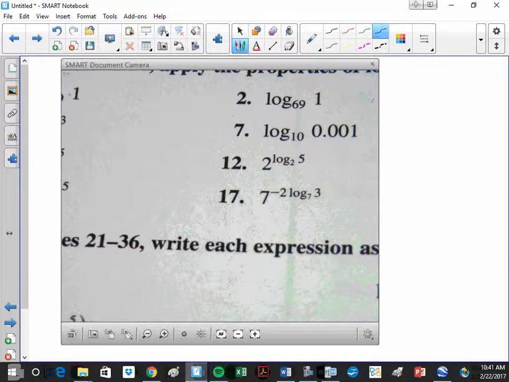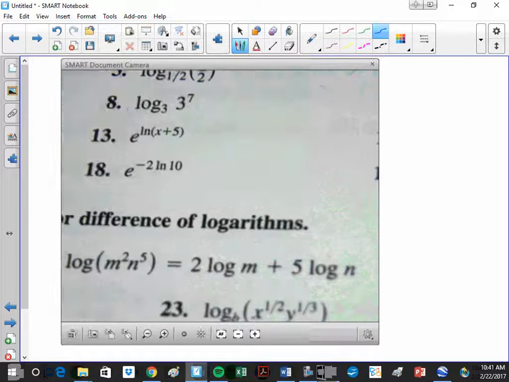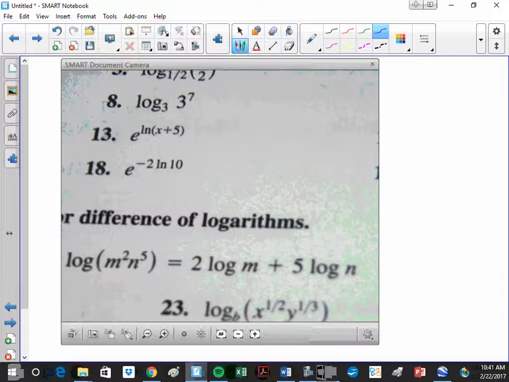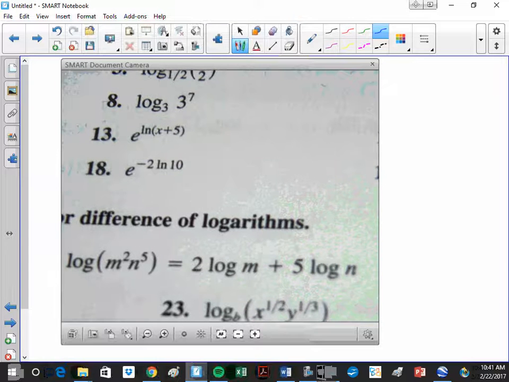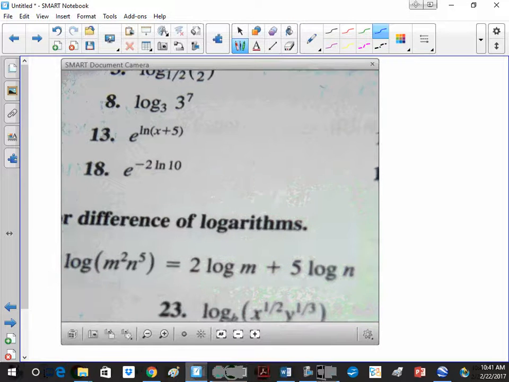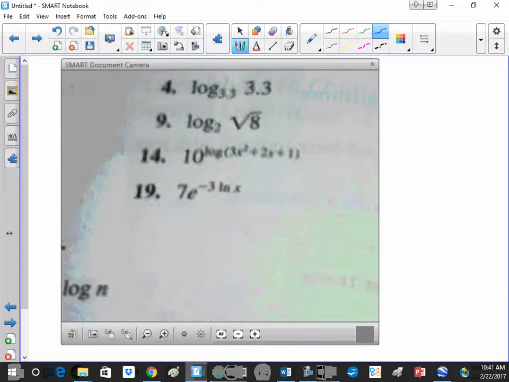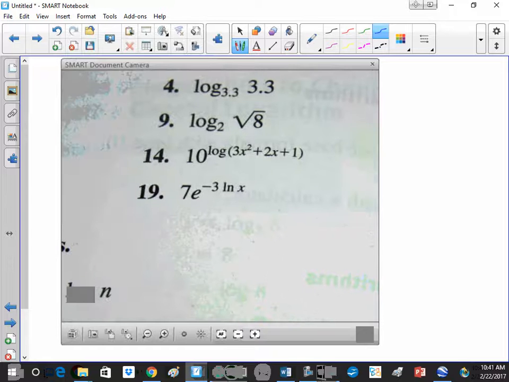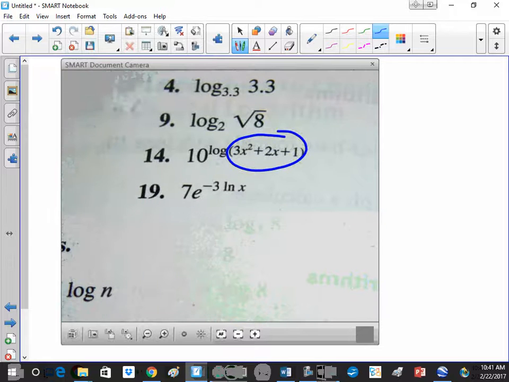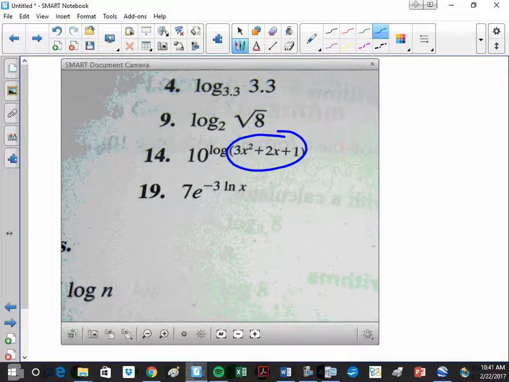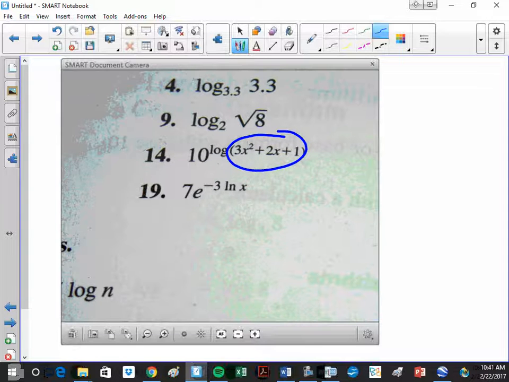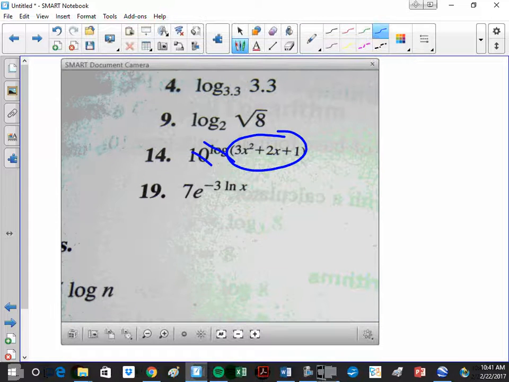Okay, 13, the answer is x plus 5, because e raised to the ln cancels. What about this one? It's just this. Yeah, it's not asking for the roots. It just wants to know, how does this simplify? And it simplifies because log and the base 10 cancel.